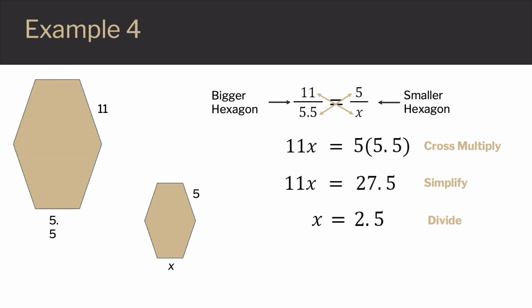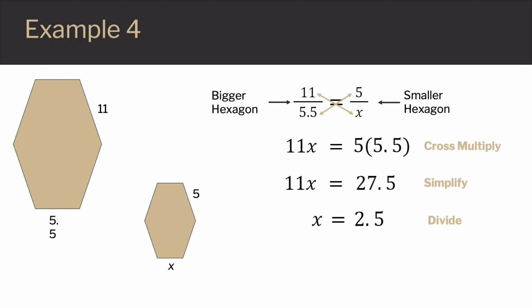Once again, the process will be the same with these hexagons. Start out with a proportion. Take the two sides from the bigger hexagon, 11 over 5.5, and set those equal to the corresponding sides in the smaller hexagon, 5 over x.